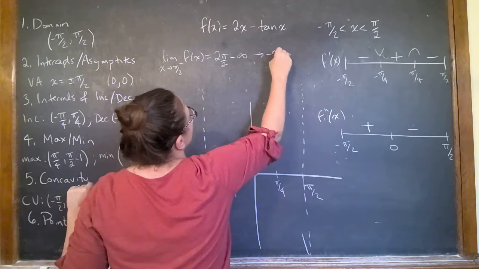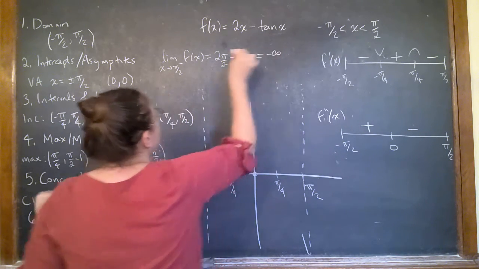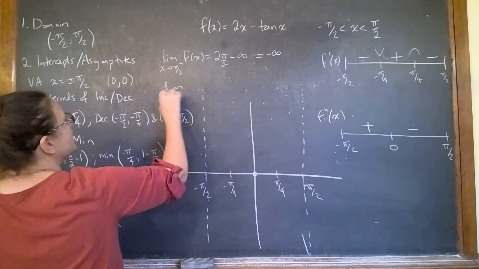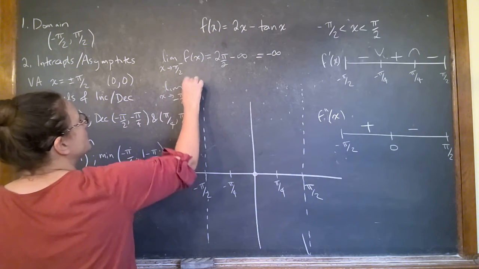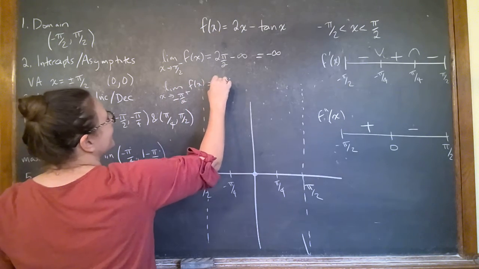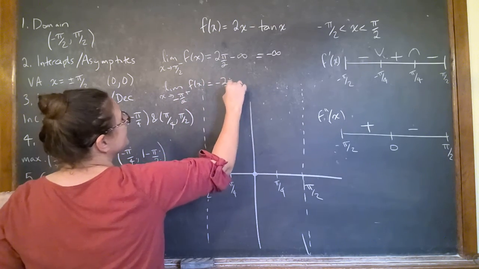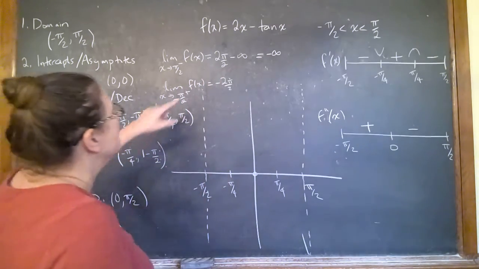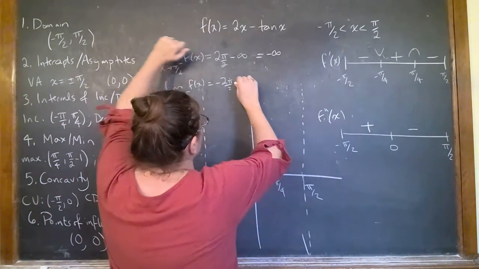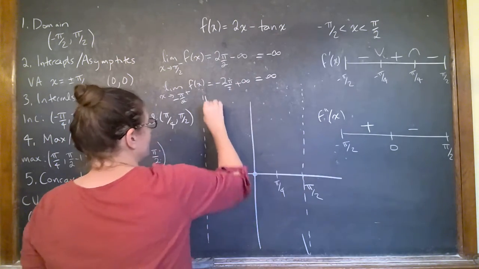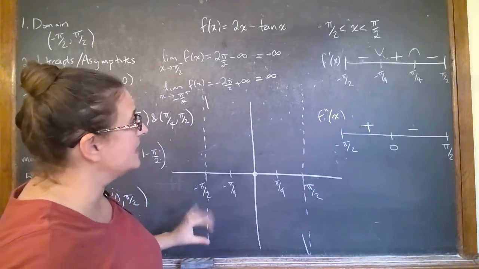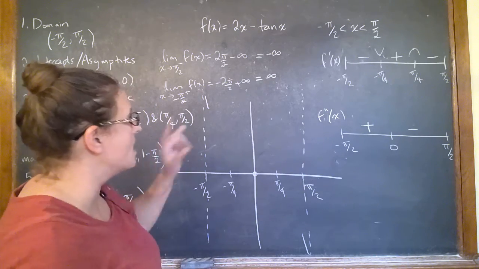So this goes to negative infinity. And if I'm going to the other side, minus pi over 2 from the right, again, this is going to be minus 2 pi over 2. That's not going to make a difference because it's just a number. But then this is going to be going to plus infinity. Okay, so this is going to go up there. And that also makes sense.